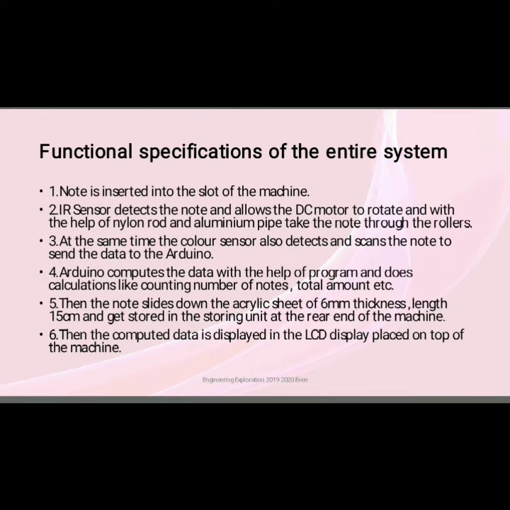Functional specifications. The note is inserted in the inserting unit where we have the IR sensor. When the IR sensor detects anything, the two DC motors start rotating. Then the note is going to slide between the rollers. When sliding, the RGB sensor is going to detect the color of the note based on the frequency of the color, and the calculation is done accordingly.